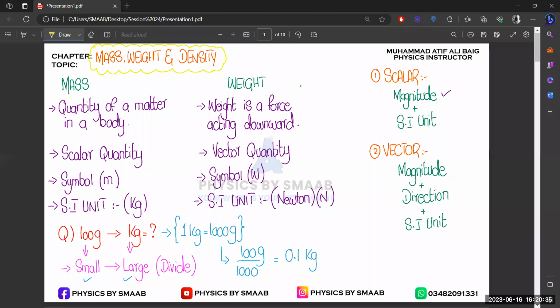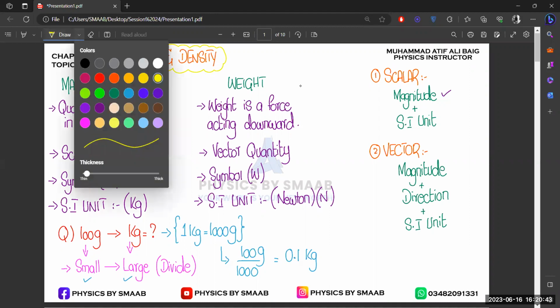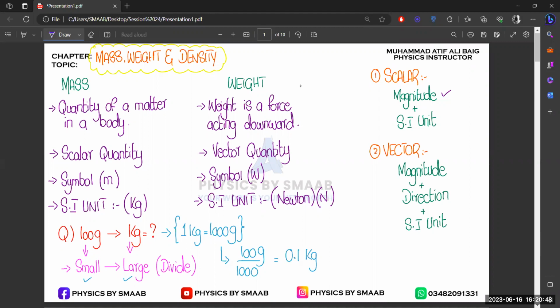And we already discussed the difference between mass and weight. And there is a similarity, or we can say a link, between mass and weight. And what is that link? Let's suppose we have a quantity of mass, or a quantity of weight, and we need to find another quantity.